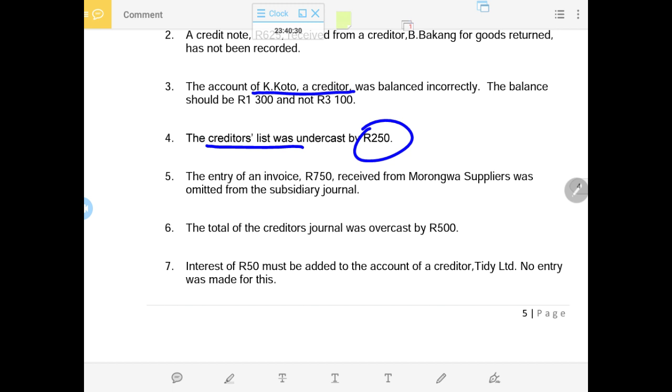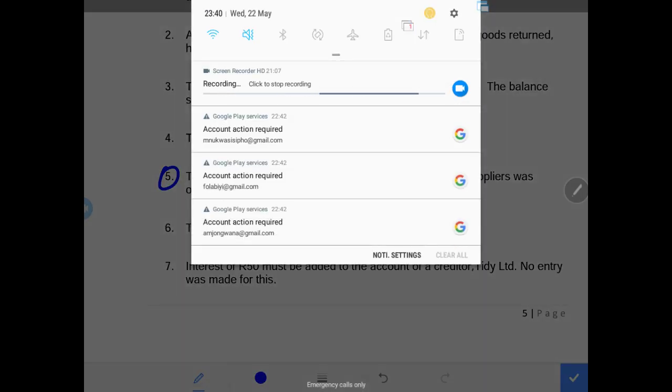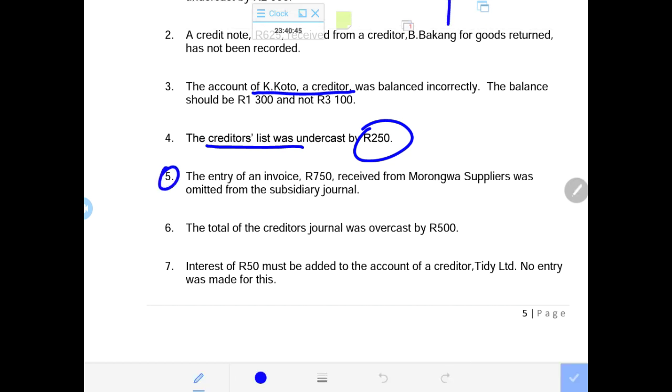We therefore now go to the next transaction, which is transaction number 5. Under transaction number 5, I also want to highlight that they say the entry of an invoice. Remember, the minute we say an invoice, that means we bought something on credit, and we receive an invoice when we buy on credit.